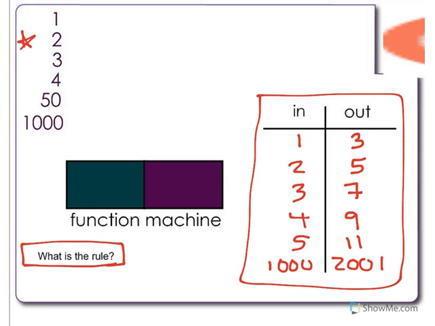This one's a little more difficult, but what do I do to my input to get my output? Hopefully you kind of noticed it as I was doing it. But my rule for this one, y is equal to 2 times my input plus 1. So every time I put in a number, I multiplied it by 2 and then added 1.